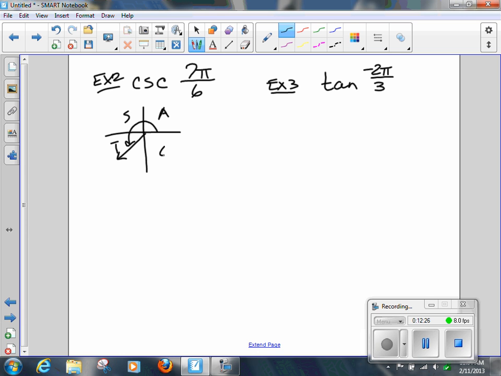All-Star Trig class. Oh, you're thinking the ordered pair. Negative, negative, which means tangent is positive. Well, we don't really care about tangent, do we? Cosecant is the inverse of what, y'all? Sine. So what is it? Well, if tangent's positive, cosecant has to be negative.